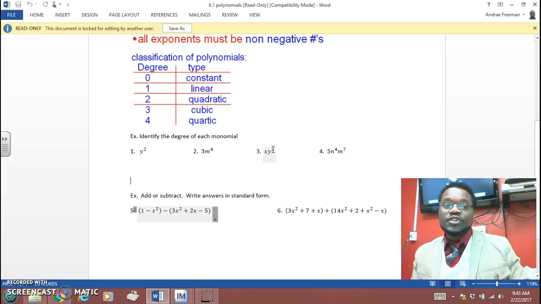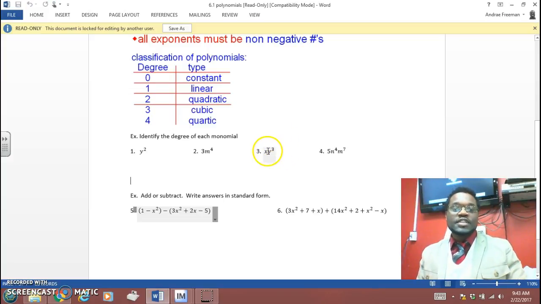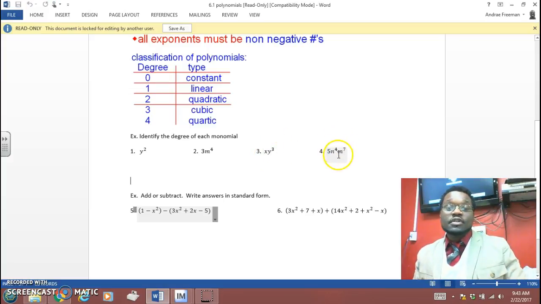So the degree is 4. You never would add them to get one different variable if you were multiplying, but in order to determine the degree, you add the different exponents, and 1 plus 3 is 4. So the degree on number 3 is actually 4. The degree on number 4, based on what I just told you, you should understand is 11.